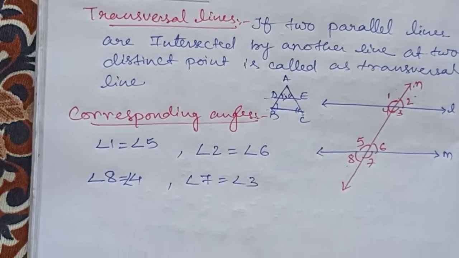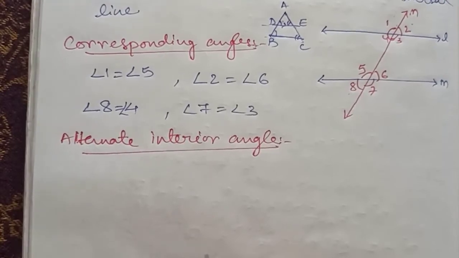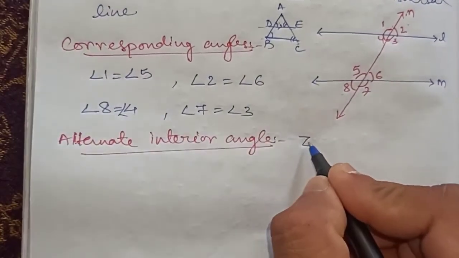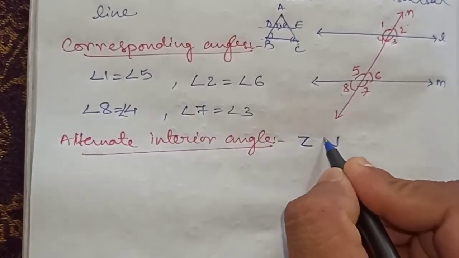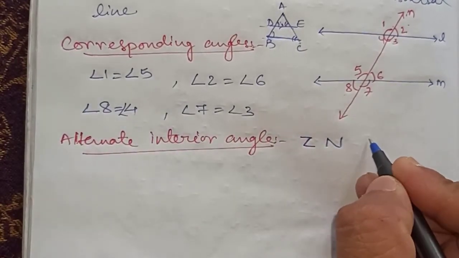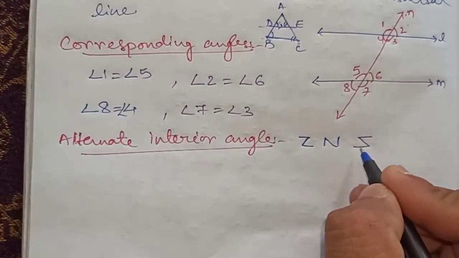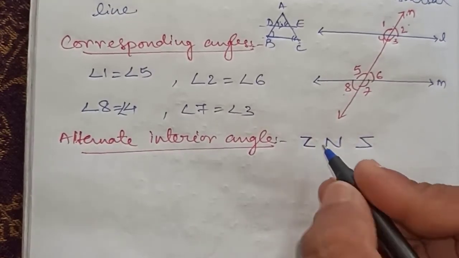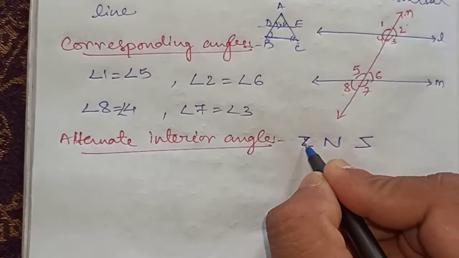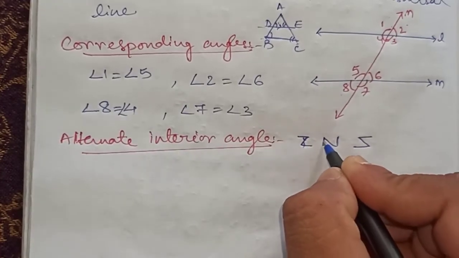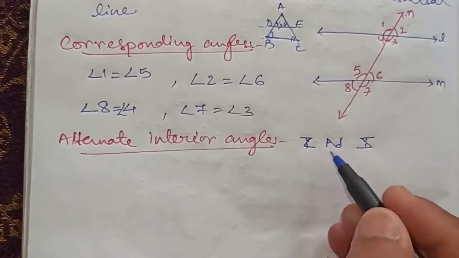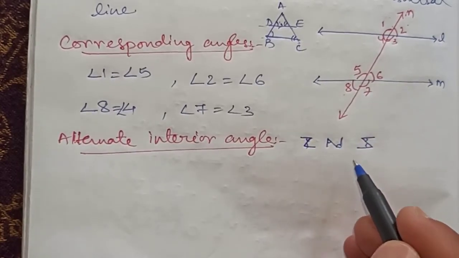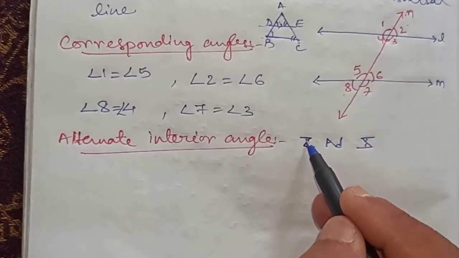Next is alternate interior angles. Any Z shape, N shape or reverse Z shape will be taken as alternate interior angles. How? These two angles will be equal from the Z shape. So anywhere you see a Z shape or N shape, you can directly write that those two angles are equal.